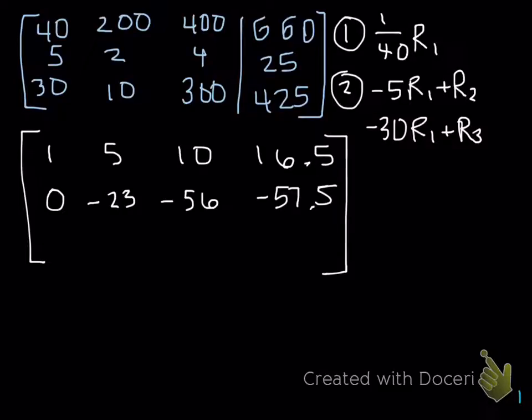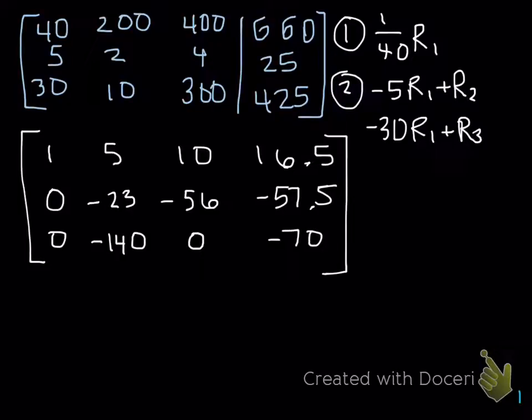And then in our last row, we're doing -30 times 1 plus 30 is 0. -30 times 5 is -150 plus 10 is -140. -30 times 10 is -300 plus 300 is 0. And when I multiply -30 and 16.5 and add that to 425, we get -70.